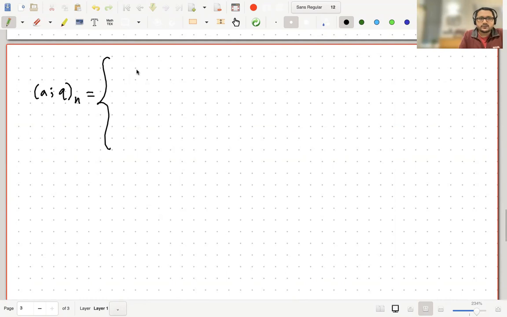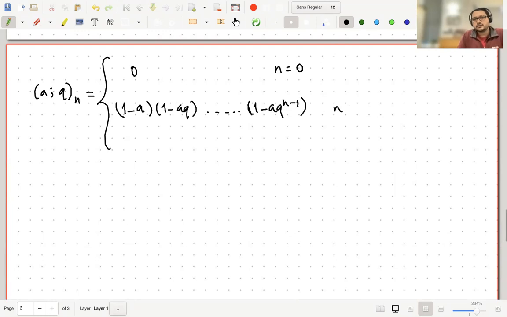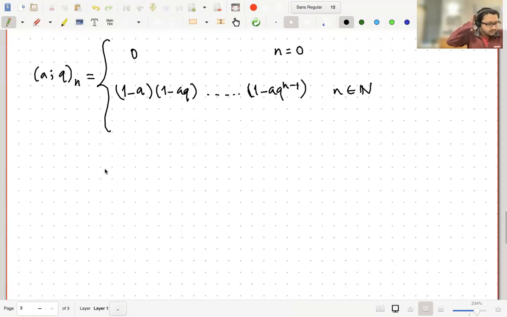So for n equal to 0, this is just 1, and for n a natural number, this is just 1 minus a, then 1 minus a q, and so on up to 1 minus a q to the power n minus 1. And it's easy to see that if you put q instead of a here, you get back the previous one. All right, so these are the notations that we are going to use.